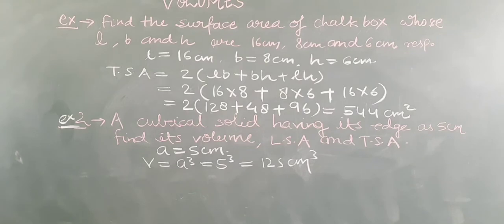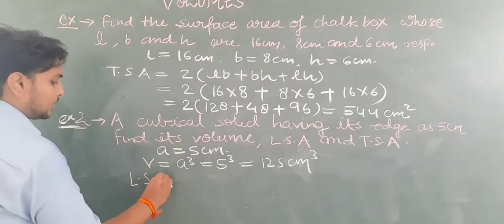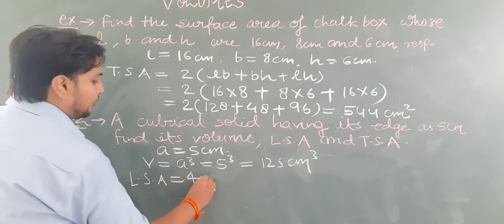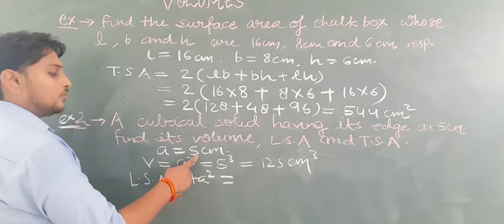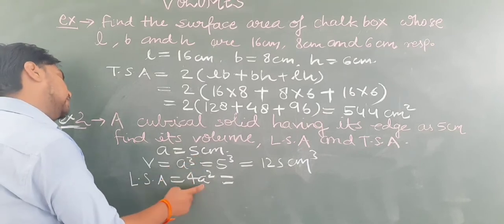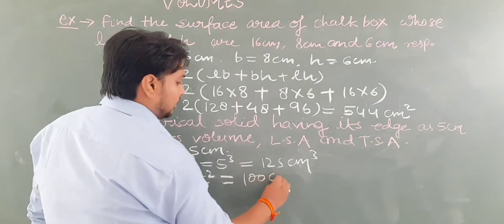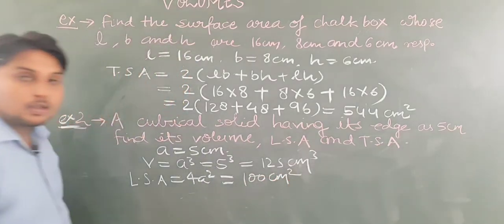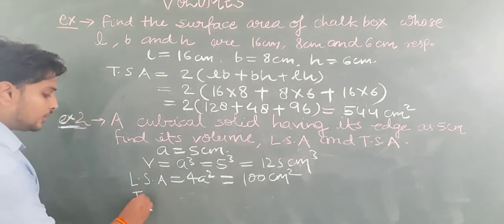Then we have to find the lateral surface area. Lateral surface area is 4 into A square. A is equal to 5, then A square is equal to 25. 25 into 4 will be 100 centimeter square. Then we have to find the total surface area.